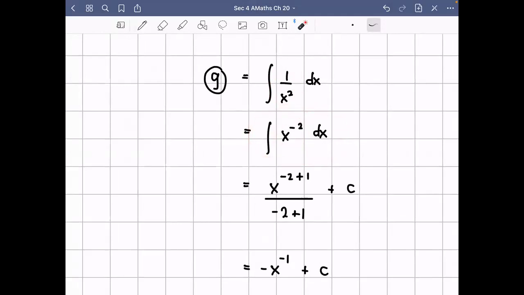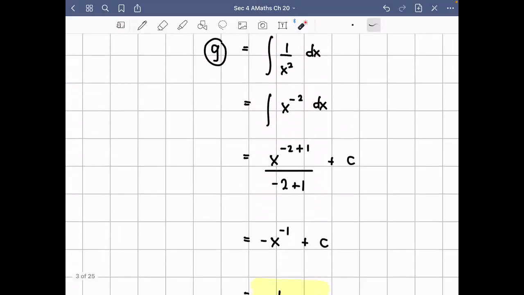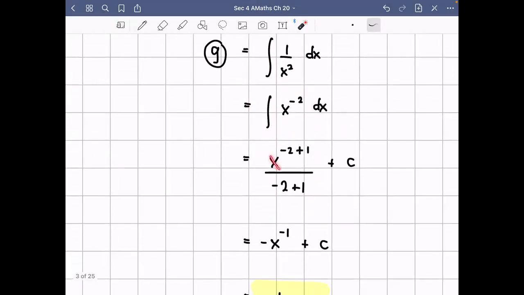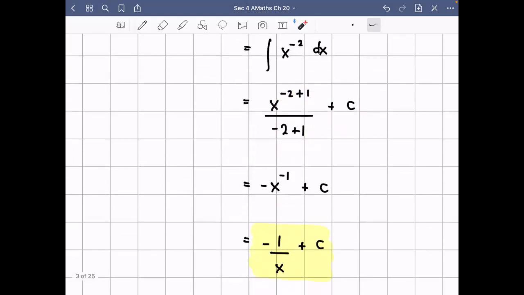The antiderivative of x raised to negative 2 is x raised to negative 2 plus 1, and your denominator is also negative 2 plus 1, plus c. So what's your answer now?